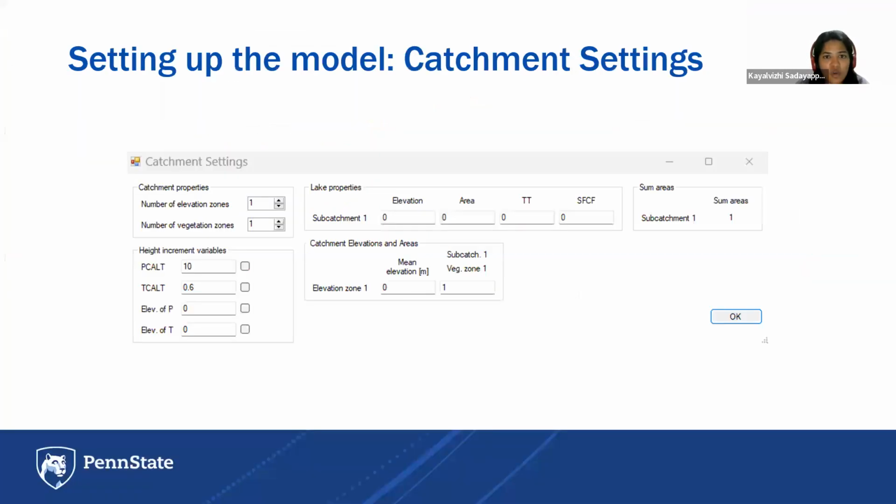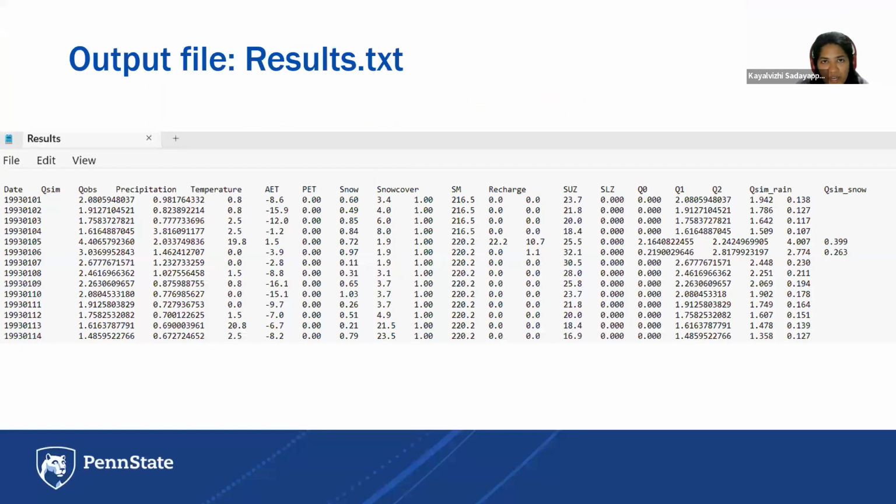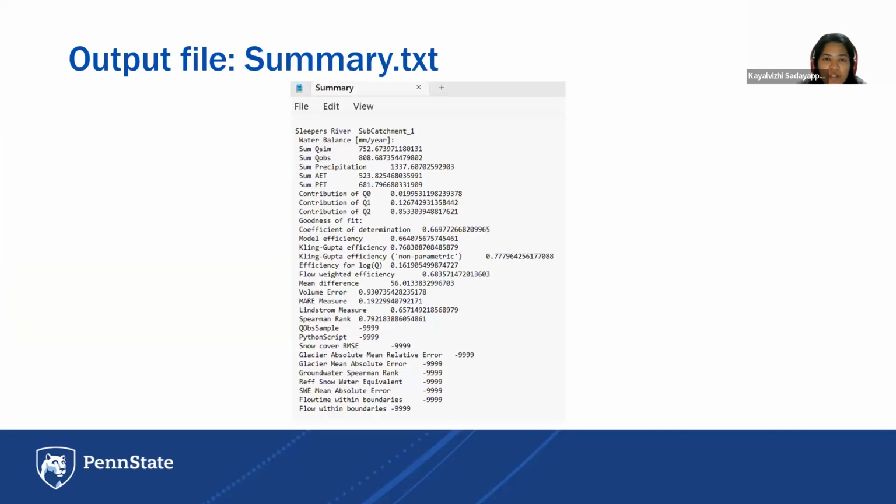Now that we have saved the parameter files, I'm going to show you the output files. There are two output files for this model, and they are the results file and the summary file. In the results file, you can find the simulated hydrological variables, including actual evapotranspiration, simulated discharge components, recharge, soil moisture, etc. And in the summary file, you can find how well the model fits the data.